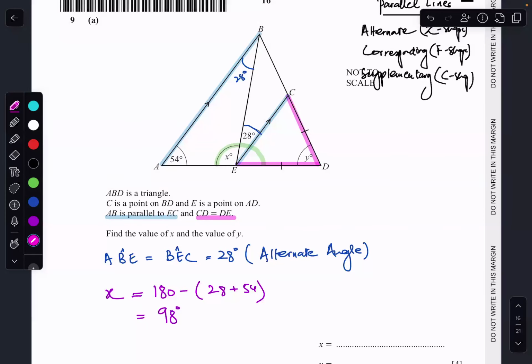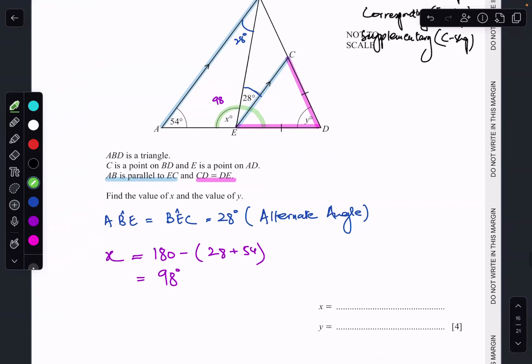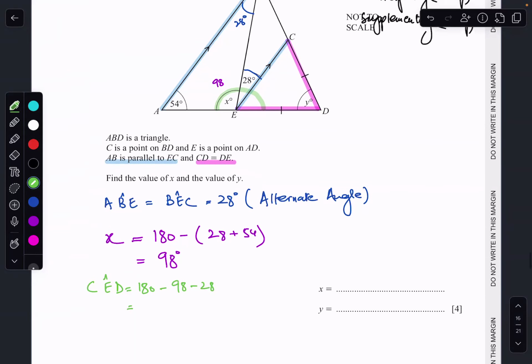So X is 98 plus 28. And if you subtract it from 180, we get angle CED. 180 minus 98 minus 28. What do we get? We get 54. So this angle is 54 degrees.